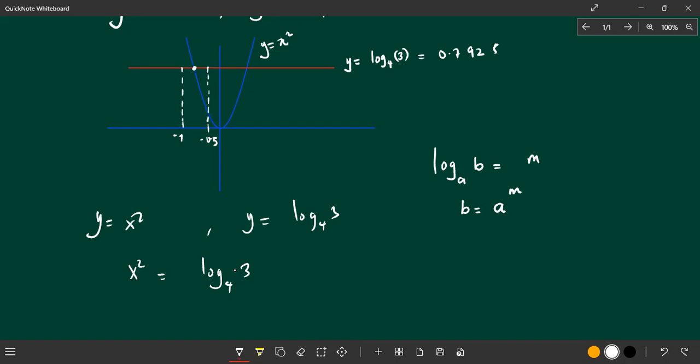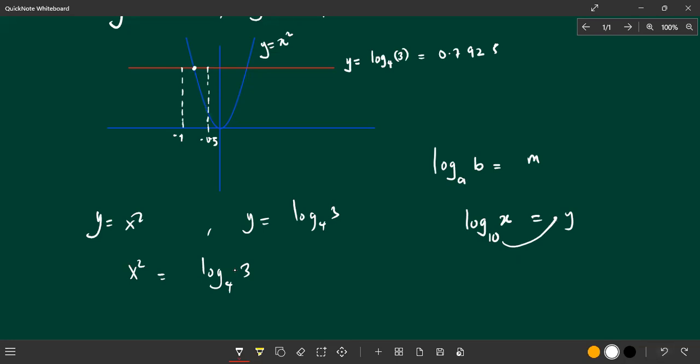So m will be the power for this base here. For instance, if I have log base 10 of x equal to y, this is the same as 10 to the power y equal to x, right? So that's how it is.